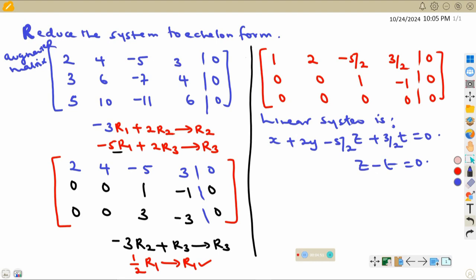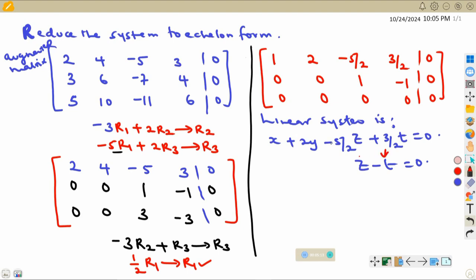So from there, we shall try now to rearrange. When we make, for example, x the subject, we can first of all look at our free parameters, meaning we can express z in terms of t.